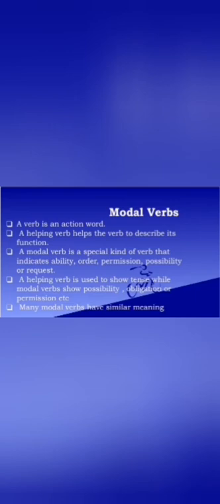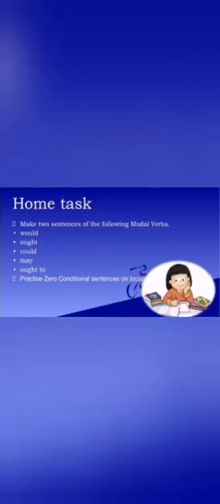A helping verb is used to show tense, while modal verbs show possibility, obligation, or permission. Many modal verbs have similar meanings. Class, I hope that you have learned about zero conditional sentences and modal verbs very well today.